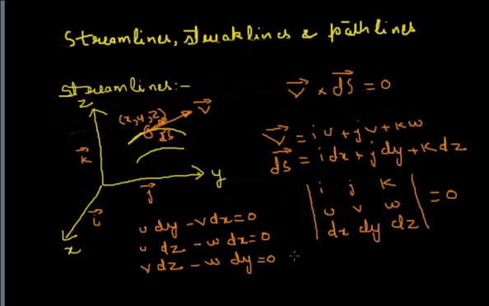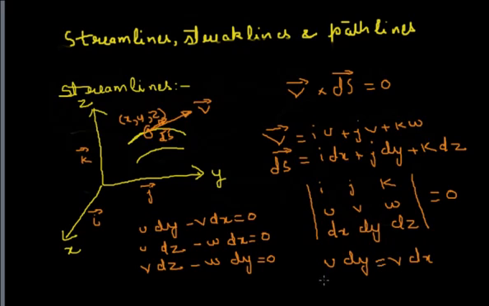If we solve all these equations, it's very simple that you would get an equation like this. Say from the first equation we would get u dy is equal to v dx.